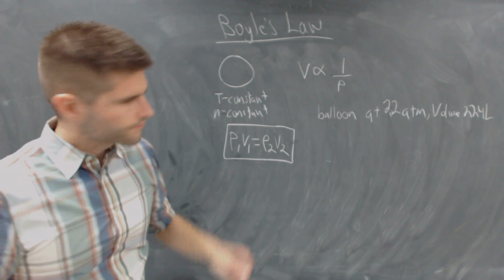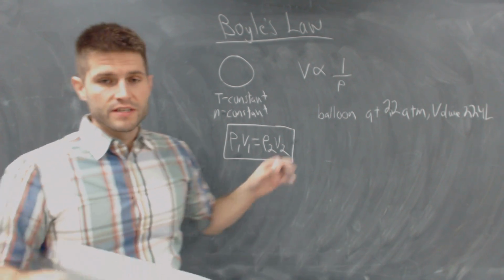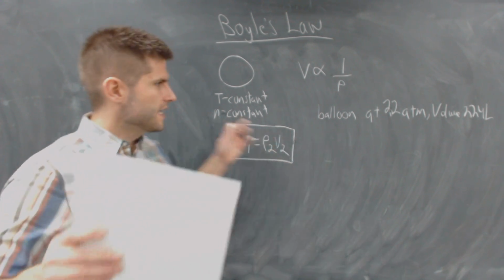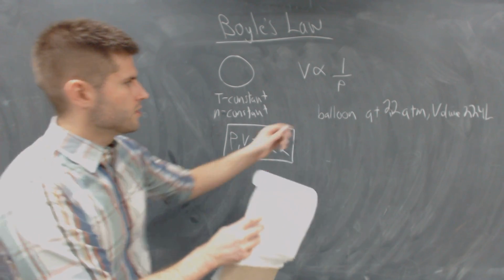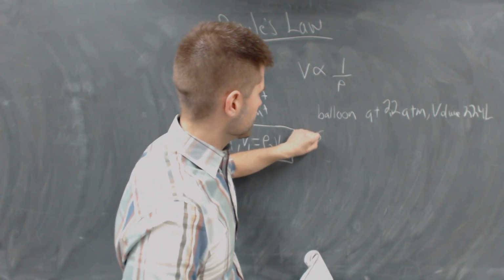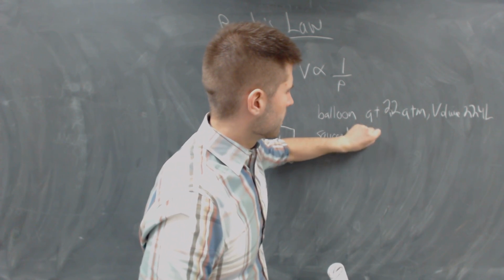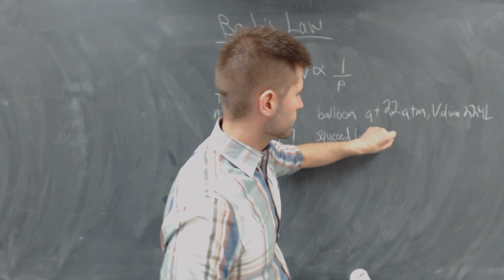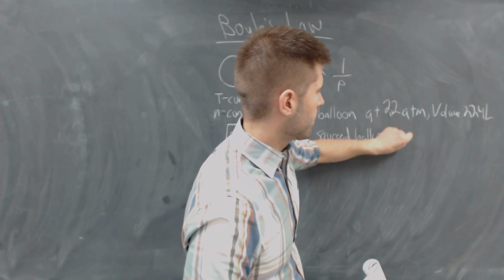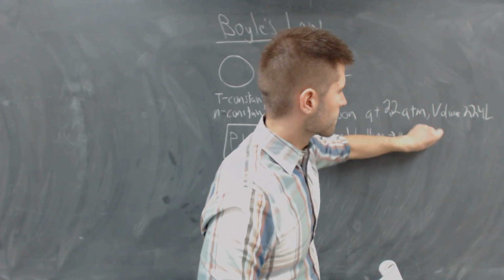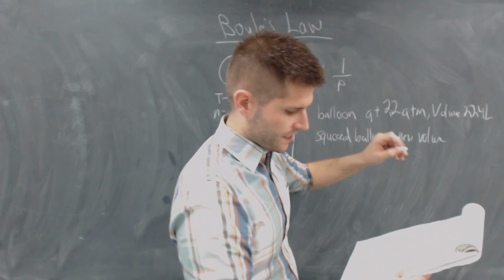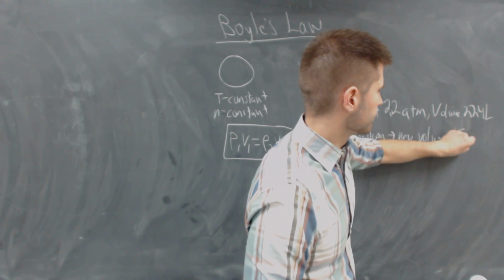Okay, great. Let's say I reduce the volume size. Let's say I squeeze this balloon, and I got a new balloon. This resulted in a new volume of 15.4 liters.